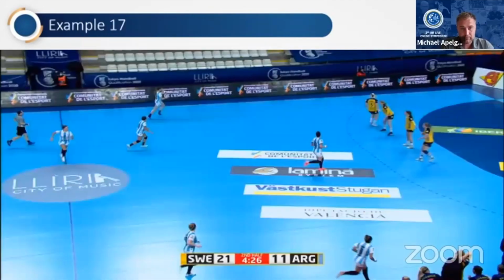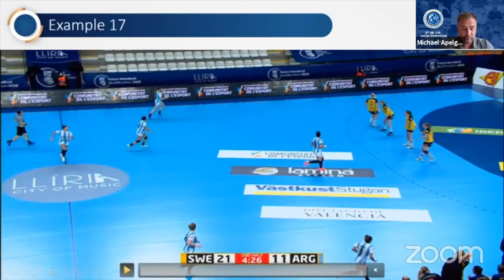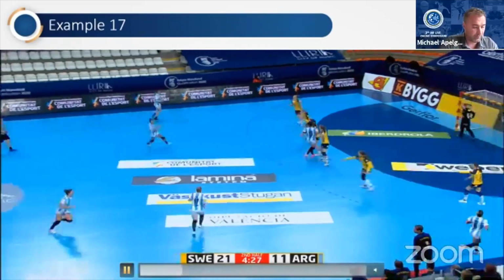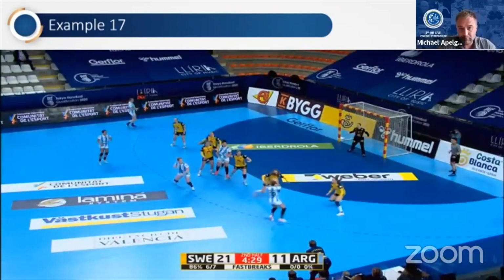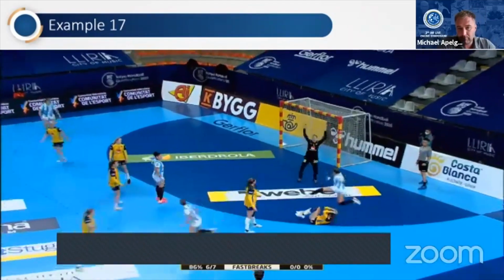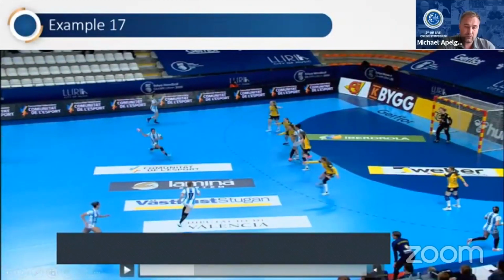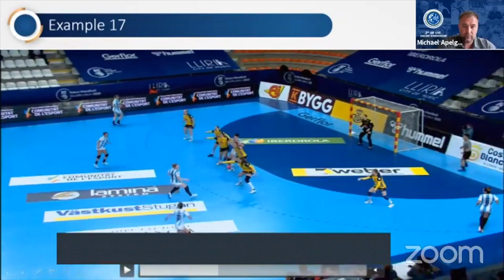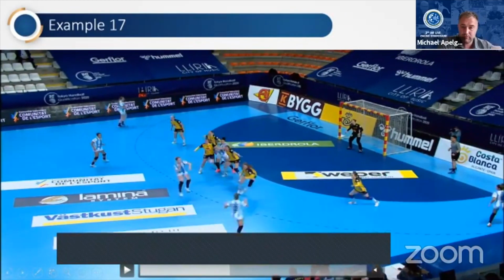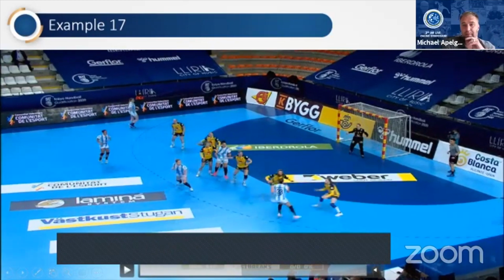I will show you 2 examples. Here you can see the number 1 defender. Here, space between the number 2 and number 1 defender. Here, almost 2-against-1.